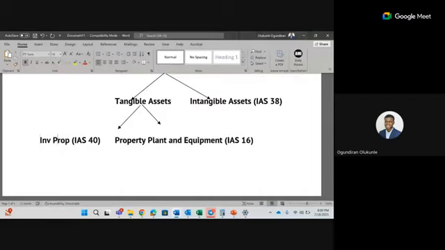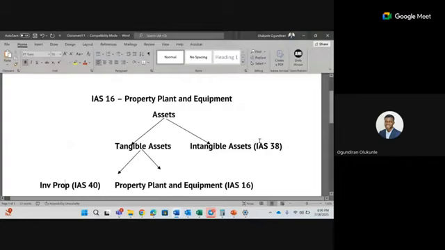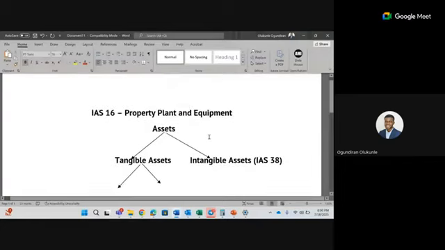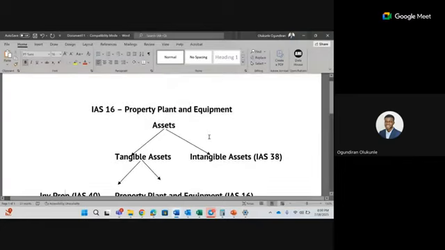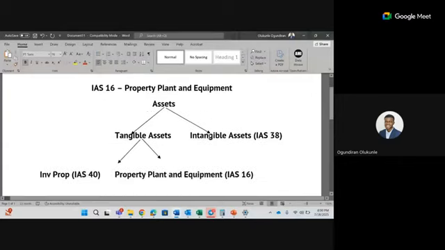So now I've given you a background to what the standard is and what an asset is. Don't forget, we said that your asset can either be tangible or intangible. If it is tangible, it can come in the form of investment property or property, plant and equipment, right? We typically would refer to investment properties. I will still deal with that in my next class.